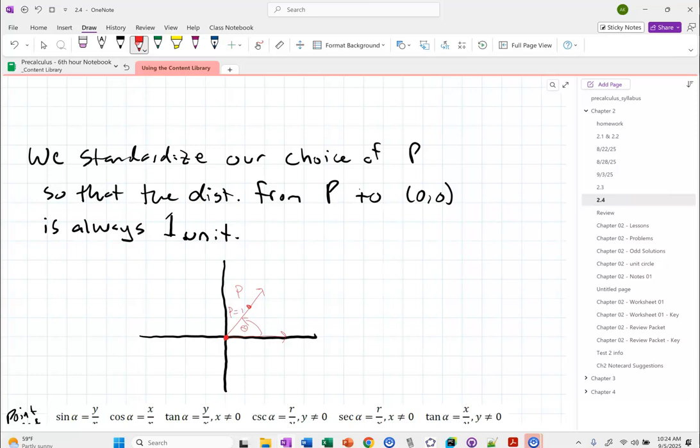Now, instead of choosing any P, we're choosing P specifically so that that distance is 1 unit. The R will always be 1. If I collect all the points that are 1 unit from the origin, what shape is that going to make? A circle, right? And what is the radius for that circle? 1 unit. We call that then a unit circle.